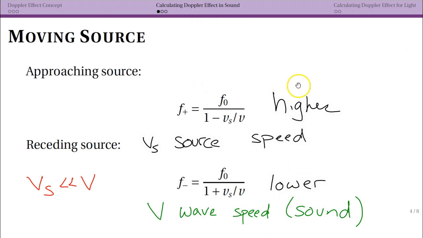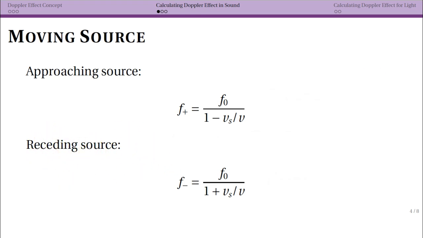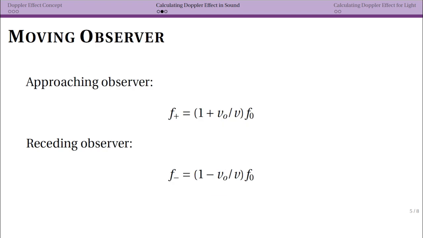So these are the results for a source that is moving either towards you, the observer, or moving away from you, the observer. You assume that the observer in this case is stationary with respect to air, where air is our medium. There are slightly different equations, which have to do with the source being stationary and the observer moving.